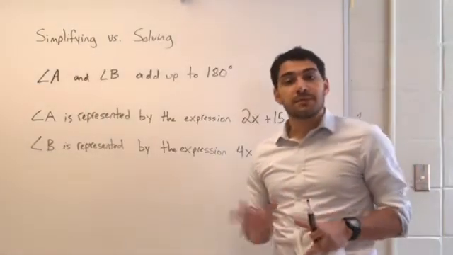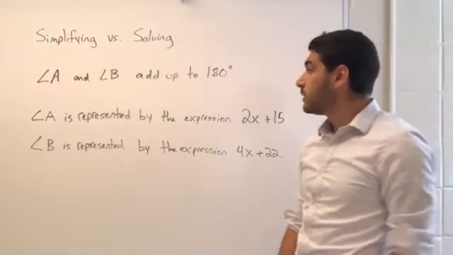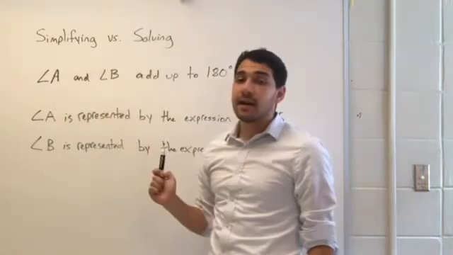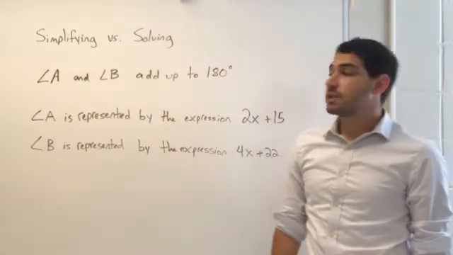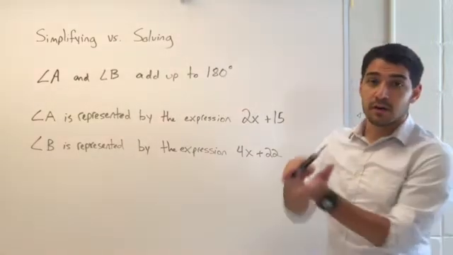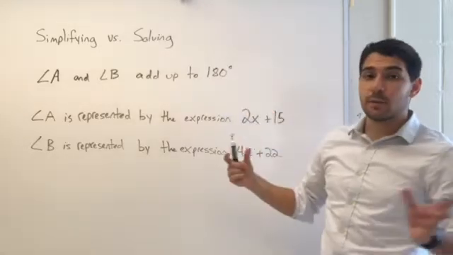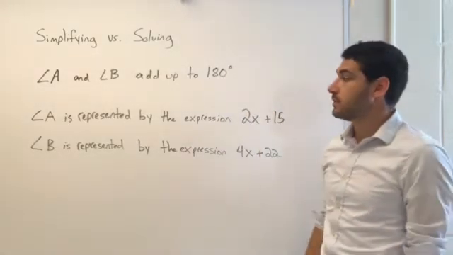To put simplifying expressions into context with how you probably see it in geometry, I set up this problem. Now the problem is telling me that angle A and angle B add up to 180 degrees. So we talked about how angles are a degree of rotation, and if we're talking about their angles when we add them together, they're going to add up to 180 degrees of rotation.